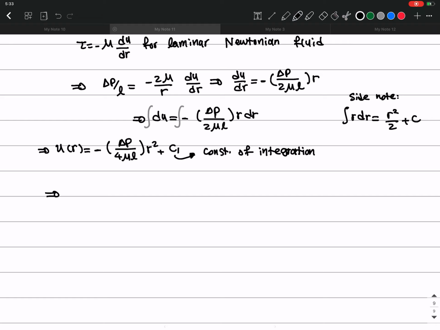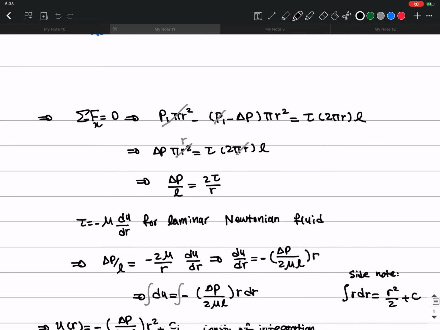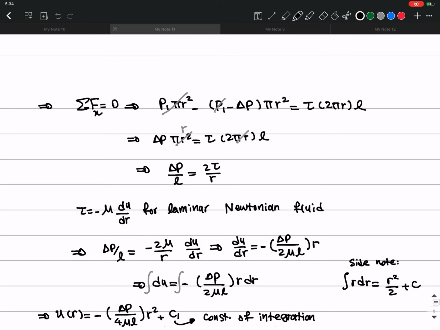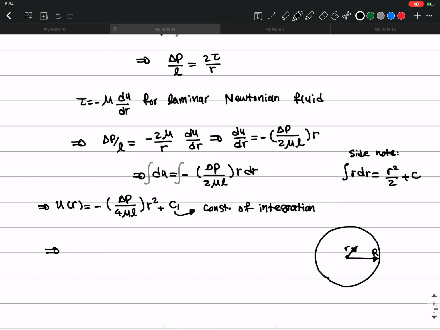Okay, so if I have, say, this circle here, and this is my r, right? This is, say, r, and this is capital R, the whole radius of the pipe. So let me write it with capital R, because this is the whole radius.